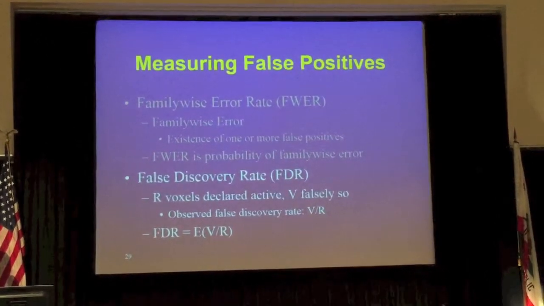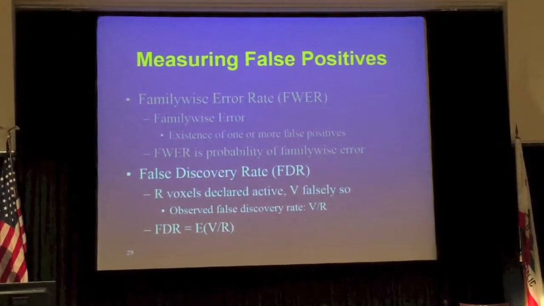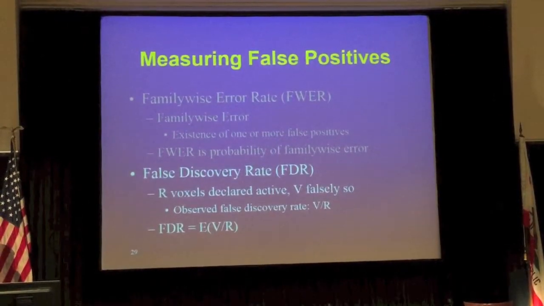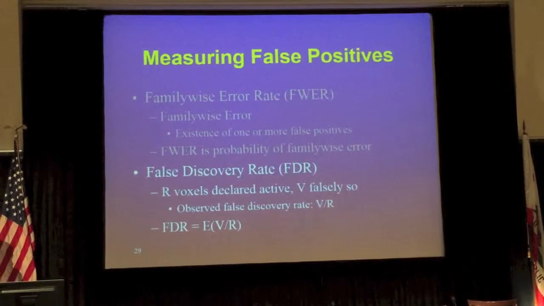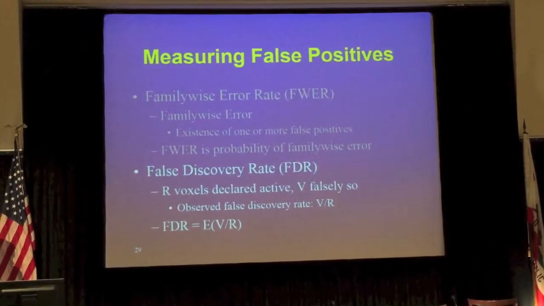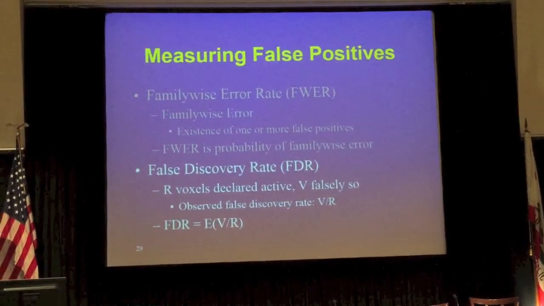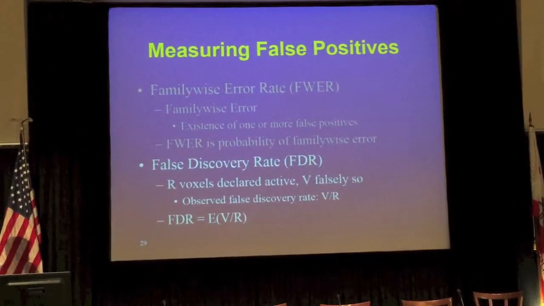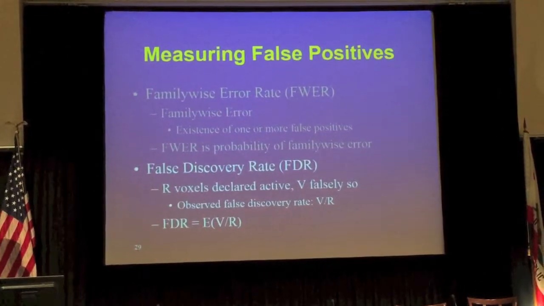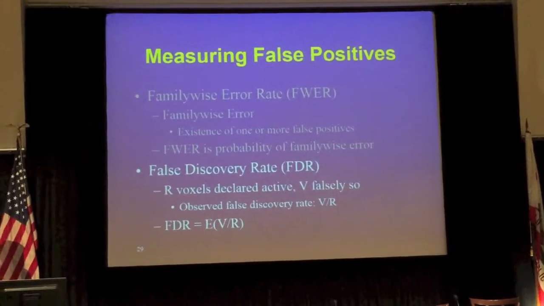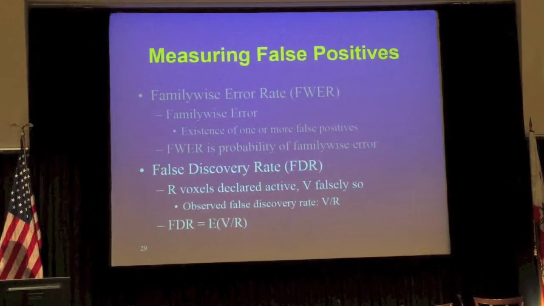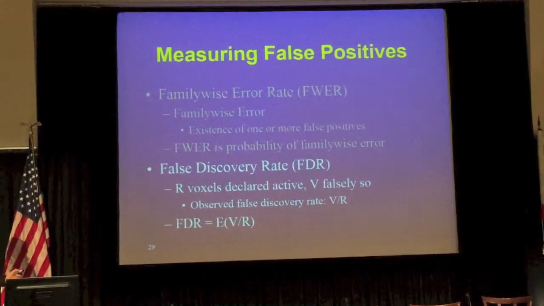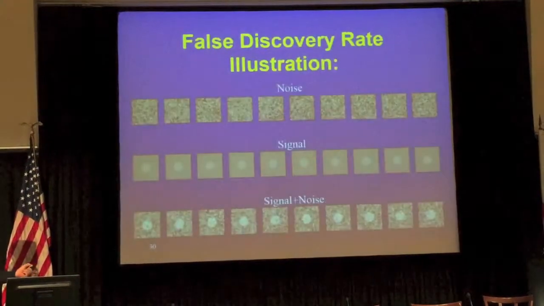The other way to derive measures of false discovery is the false discovery rate, or FDR, which is a standard approach where R voxels are declared active, V is the number of voxels declared positive falsely, and the observed false discovery rate would be V over R. FDR is basically the expectation of this ratio.